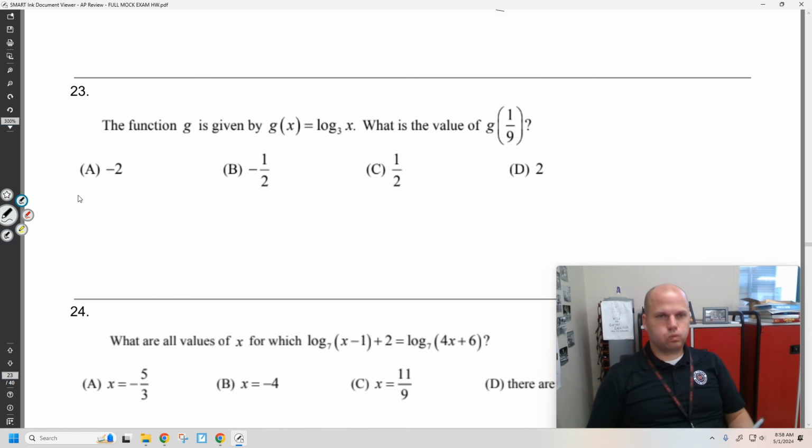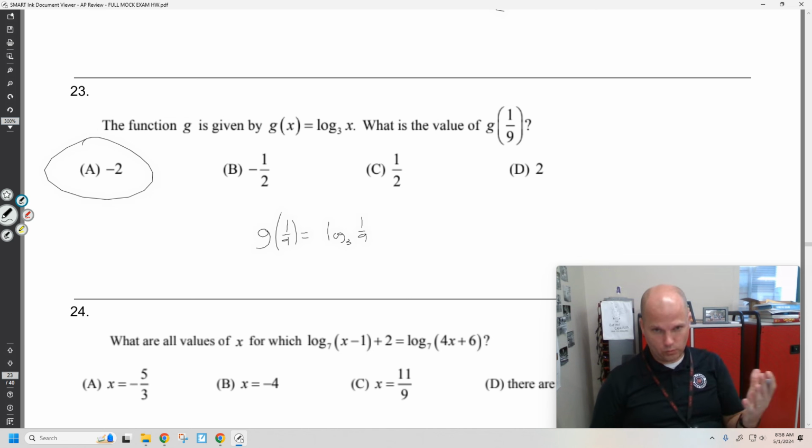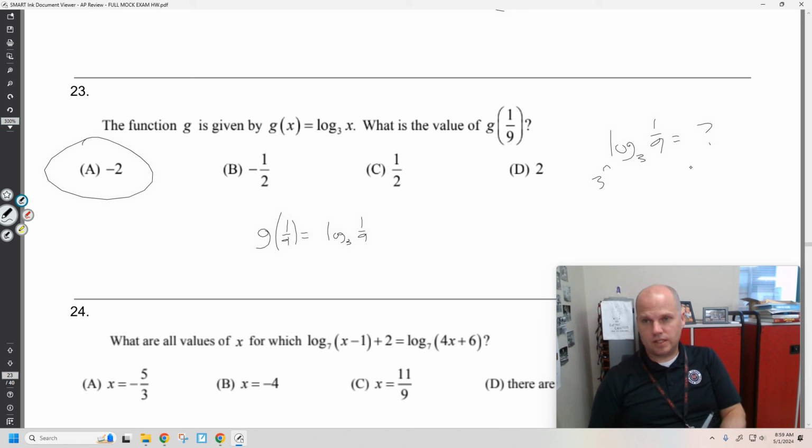G of 1/9 equals the log base 3 of 1/9. You could just know that this is -2. That's one way. Because you know logarithms, it's all about what is the exponent of the base that gives you this. You could say the log base 3 of 1/9 is something I don't know. How can I reveal its answer?